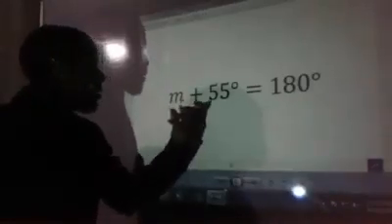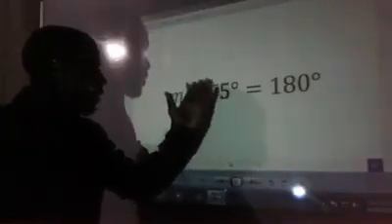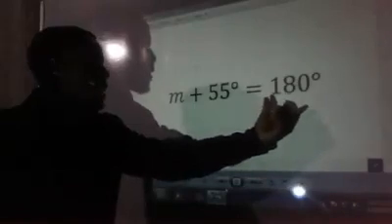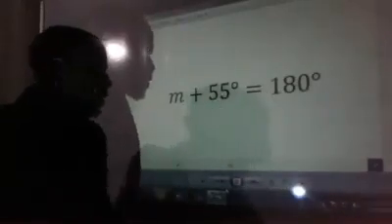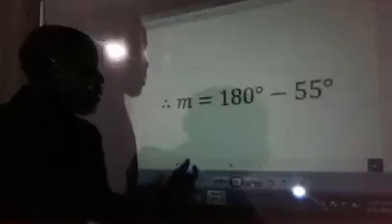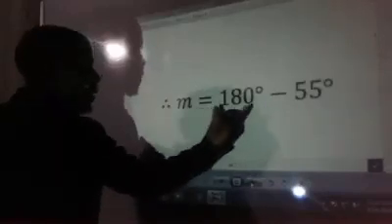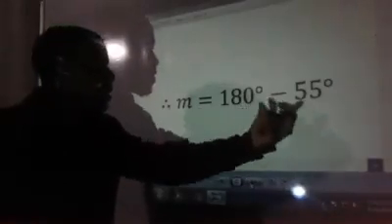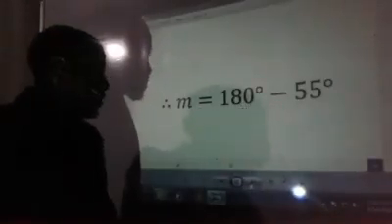So M plus 55 degrees minus 55 degrees cancels, and you are left with M. On this side, 180 degrees subtracting the same 55 degrees, M is equal to 180 minus 55 degrees.